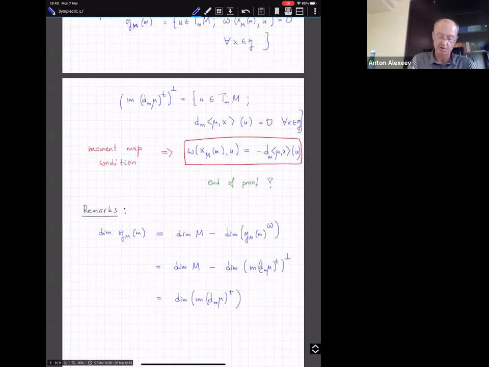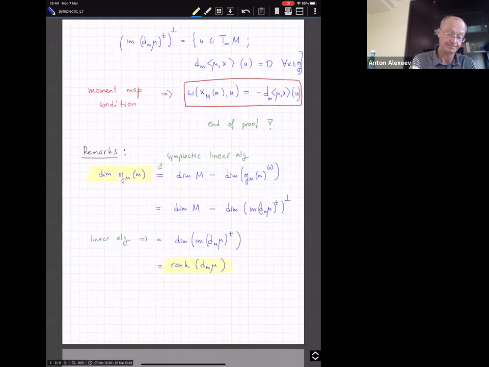So the first equation was by symplectic linear algebra. And this is just ordinary linear algebra. And this is, of course, equal to the rank of d_m mu, right? So these two dimensions are the same.